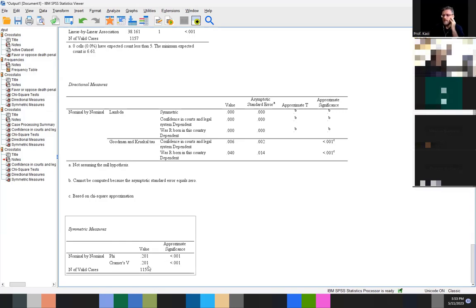All right, so phi and Kramer's V is the same again. Okay, so even though one variable had more than two groups, still Kramer's V shows the same as phi. Okay, so this is not completely weak relationship.